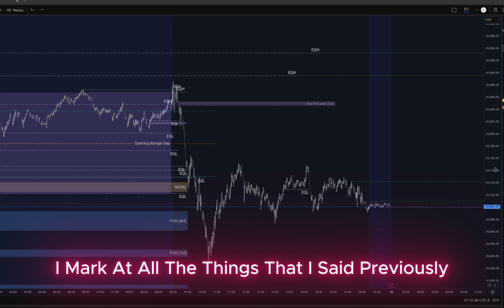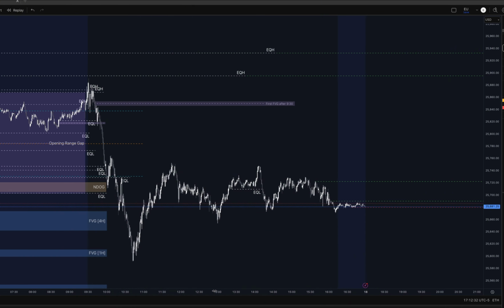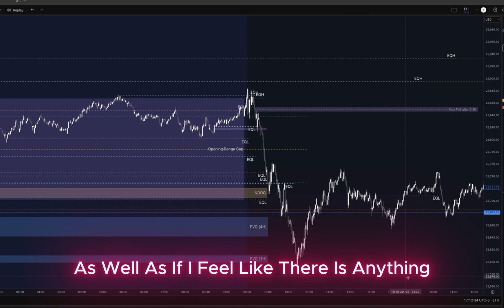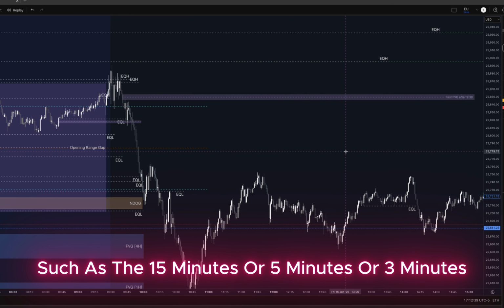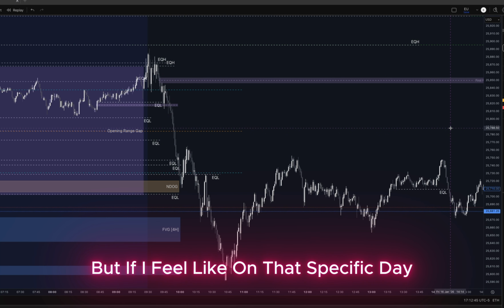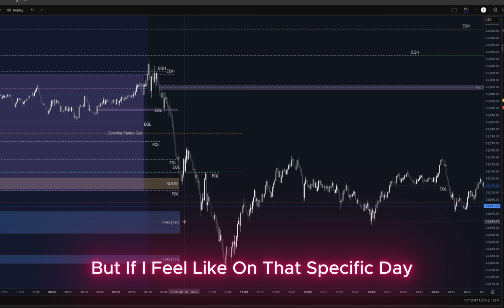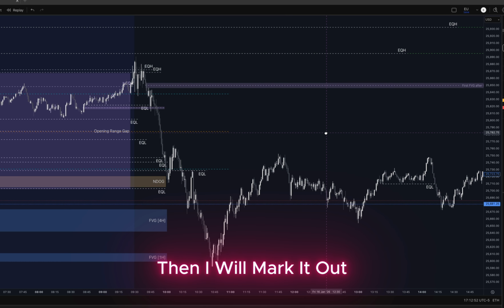I mark out all the things that I said previously, the fair value gaps from the daily, 4-hour, and hourly time frame, as well as if I feel like there is anything that's valuable for me on time frames such as the 15 minutes or 5 minutes or 3 minutes, I will mark it out. Not every single day or time, but if I feel like on that specific day that fair value gap is valuable for me, then I will mark it out.